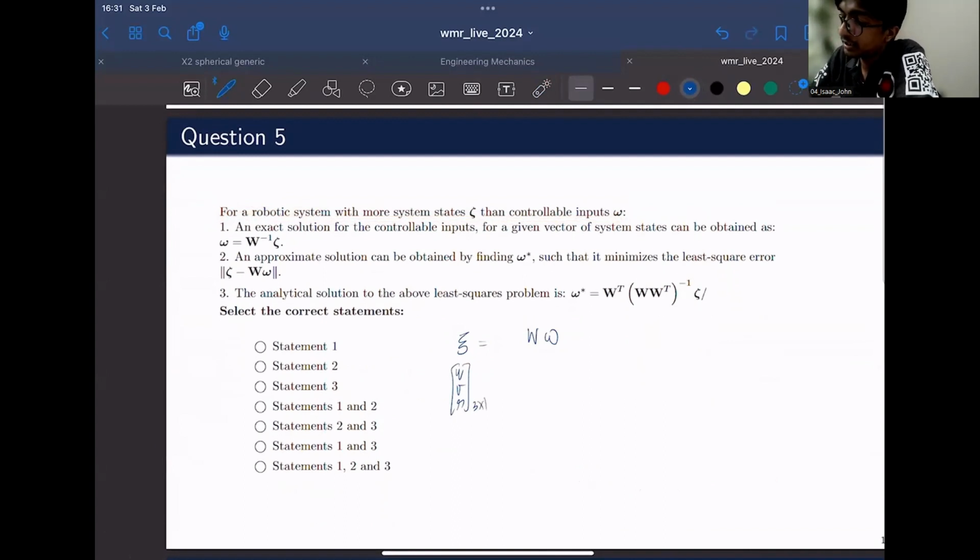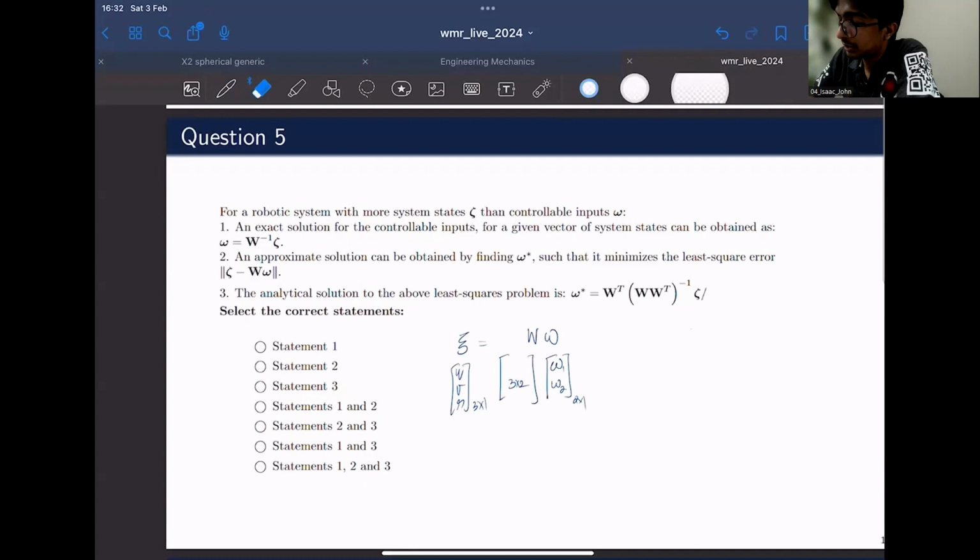The question says that the controllable inputs are fewer than the system states. So omega 1, omega 2, it's made purposefully fewer, so it could be 2x1. So W would be 3x2. It's basically a tall matrix.